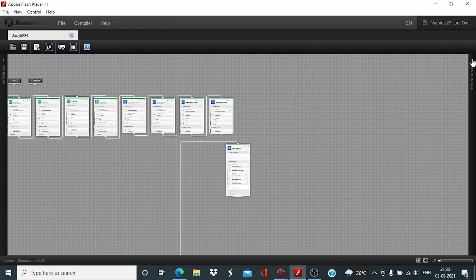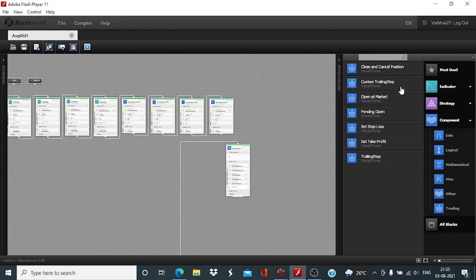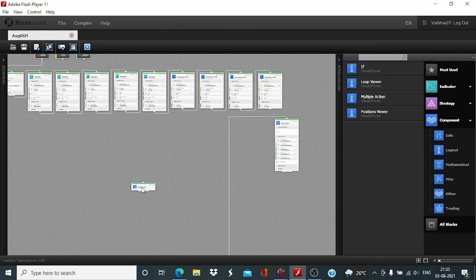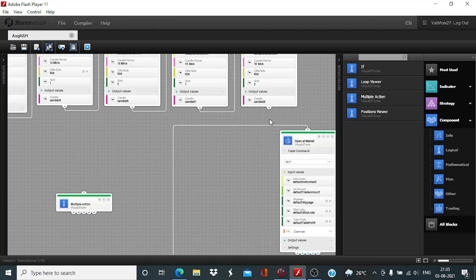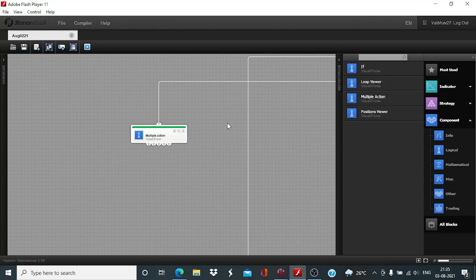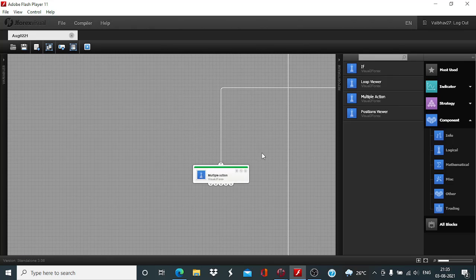Okay, we will also need to add multiple action block here. Logical. Here it is. For the time being, I will join it to this last candle. If need arises, we can always disconnect it and add blocks.